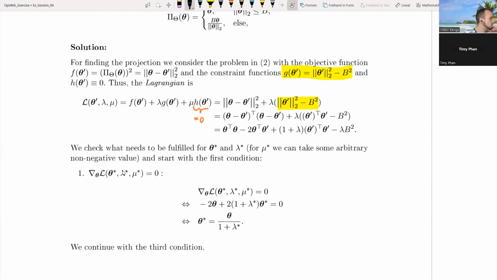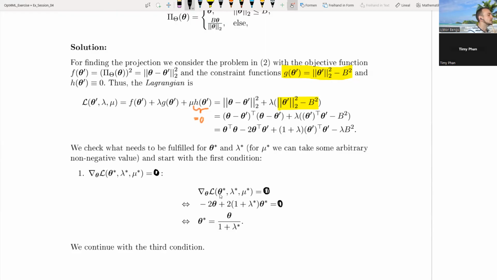What do we need to do to check the first Karush-Kuhn-Tucker condition? Namely, that if we plug in the local minimum theta prime, it should be the zero vector. So there should be a bold zero indicating that this is a vector. Okay, then also here everywhere it's a bold zero. Now it's always a zero vector.